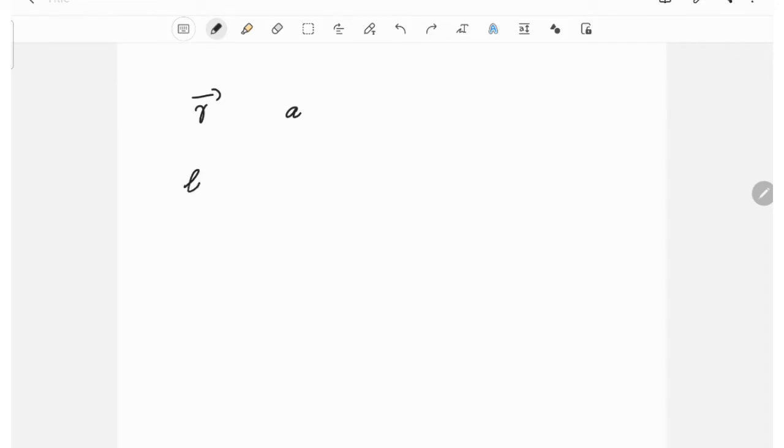So, we can formally define the continuity of a vector valued function like this. A vector valued function, vector r, is continuous at a point a, where a belongs to the corresponding parameter interval, if the limit as t tends to a of vector r of t is equal to vector r of a.